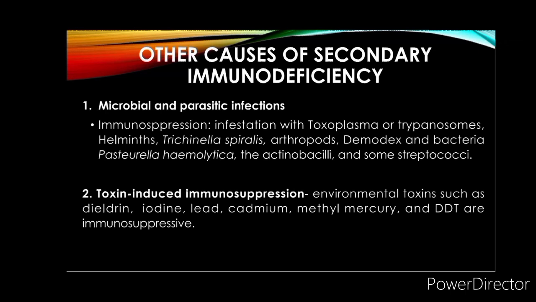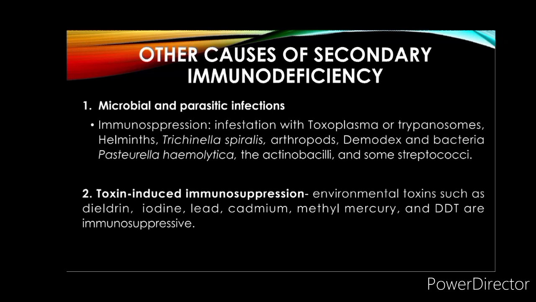Next, we have the other causes of secondary immunodeficiencies. First, we have the microbial and parasitic infections. Immunosuppression occurs with infestation with Toxoplasma or trypanosomes, helminths, Trichinella spiralis, arthropods, Demodex, and bacteria such as Pasteurella haemolytica, the actinobacilli, and some streptococci.